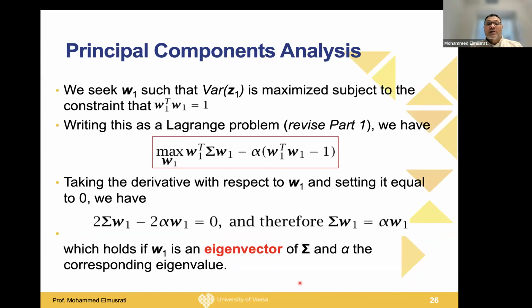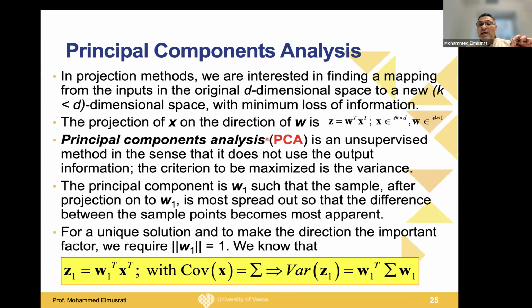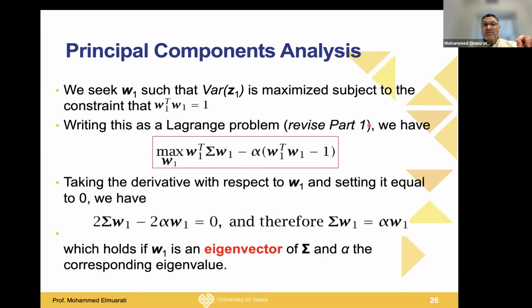So now to maximize it, I maximize W1. It was W here, but we call it W1 because this is the first component. So maximize W1 transpose times Z times W1.